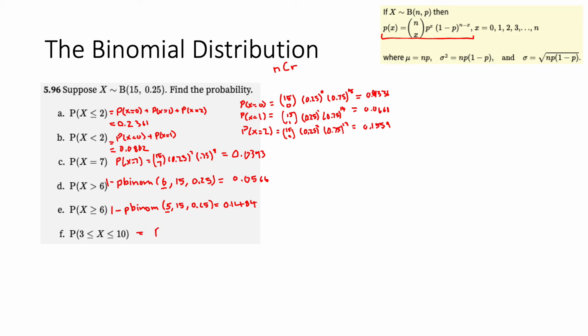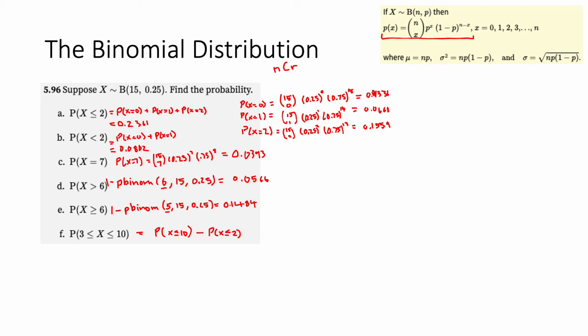We could find this by taking the probability that x is less than or equal to 10 and subtracting the probability that x is less than or equal to 2. If it's less than or equal to 2, that will be the kind of lower tail that's not included in this x greater than or equal to 3.